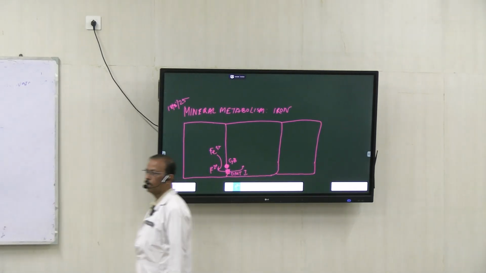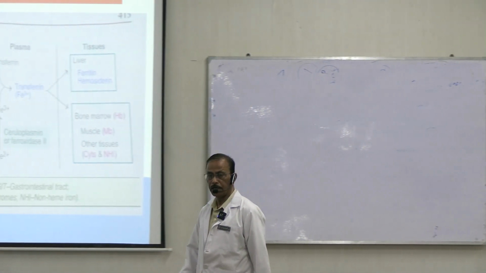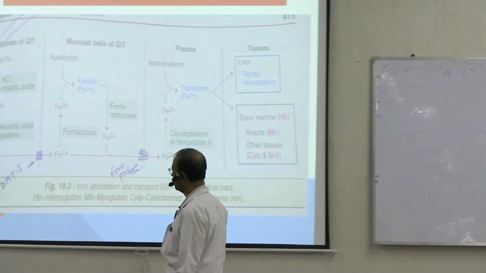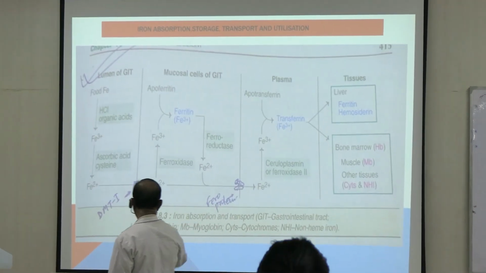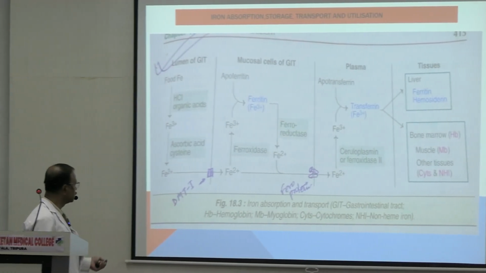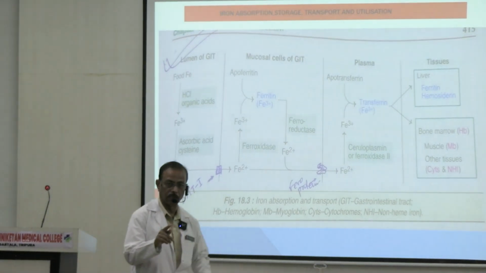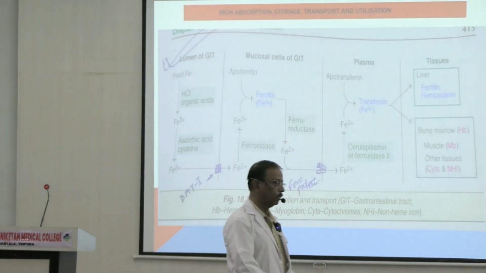It is present in the brush border of the enterocyte. By divalent metal transporter 1, it is carried to the inside of the cell as ferrous form.